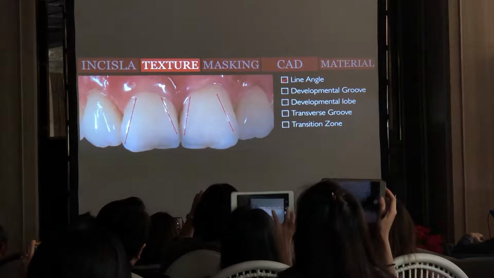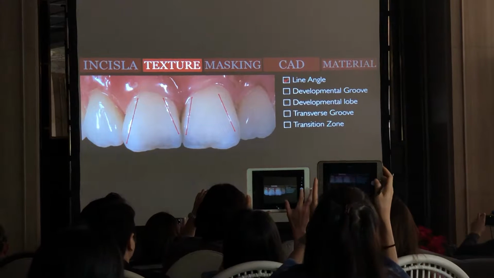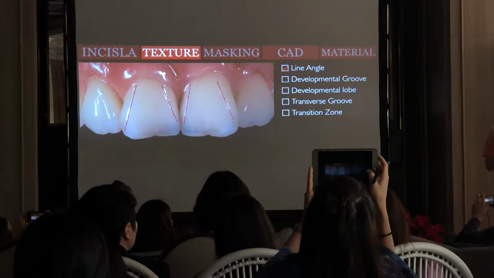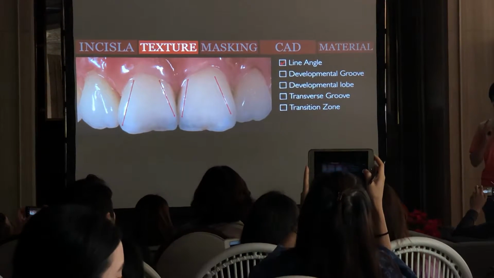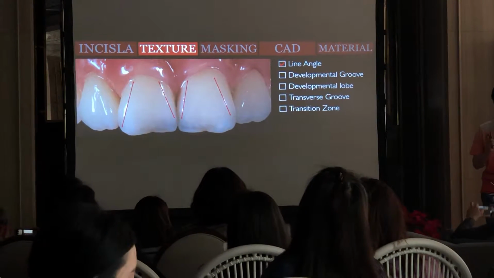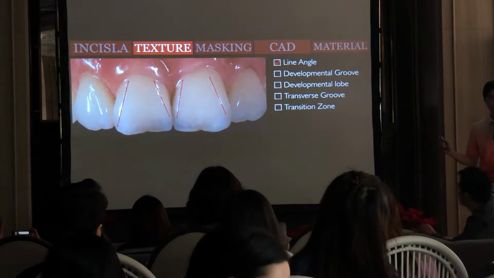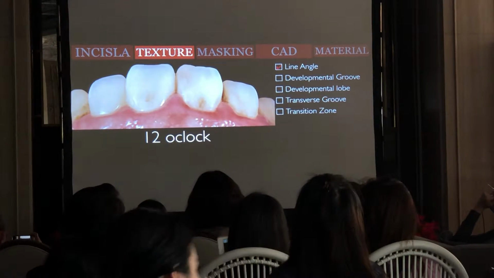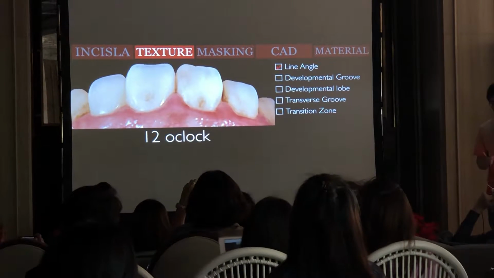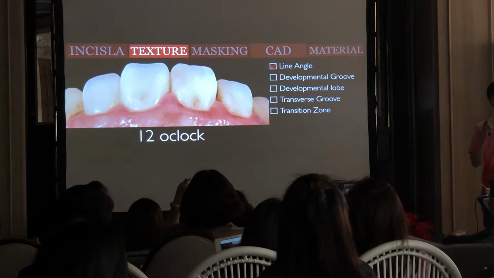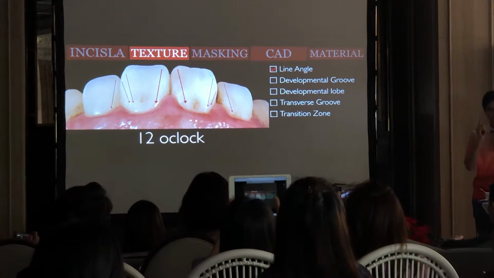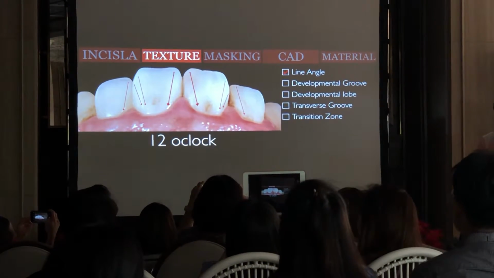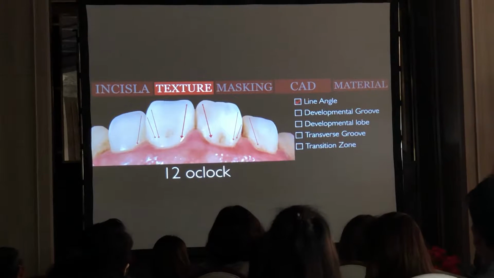Okay, if you shoot the picture correctly, you will see the line angle. But if you want to do modeling with digital dentistry, do not just shoot this one. You need another one we call the 12 o'clock. It's easy to shoot because in this picture, the dental technician may see two distal line angles on central incisors, and almost one mesial line angle.